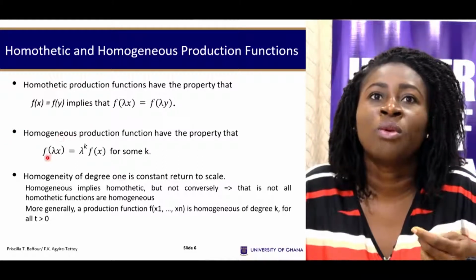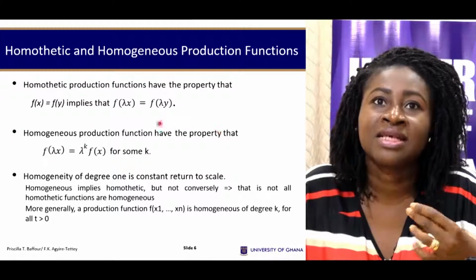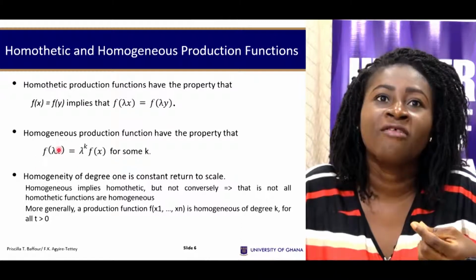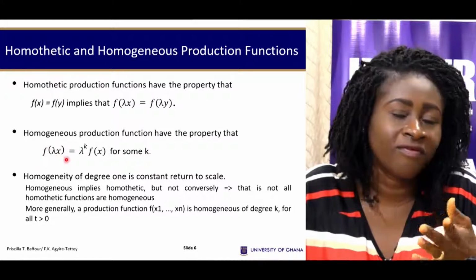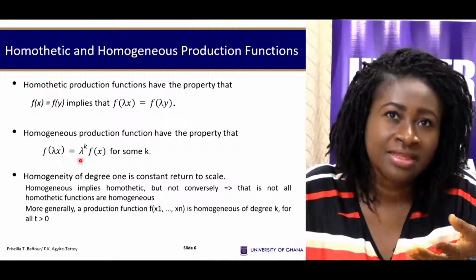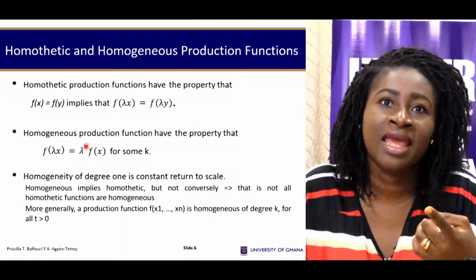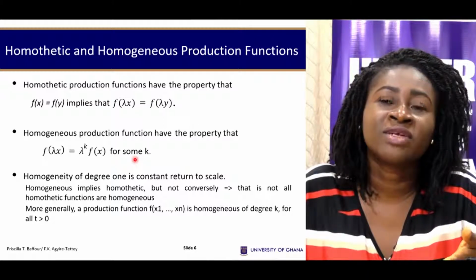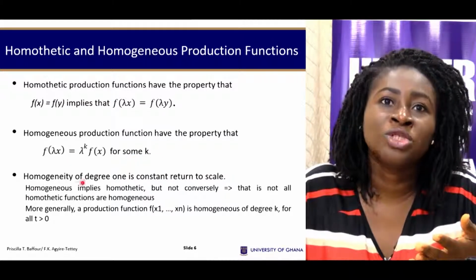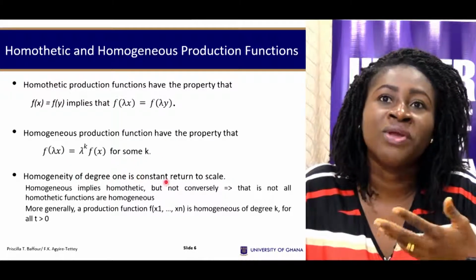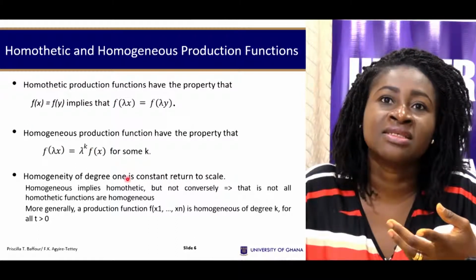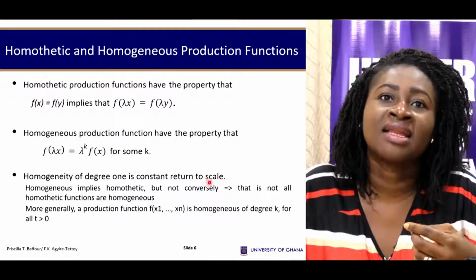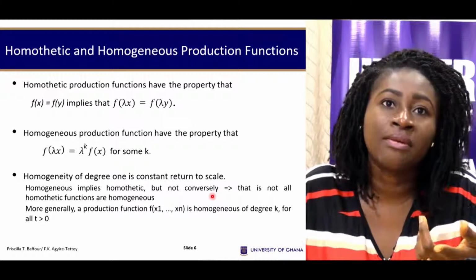And then a homogeneous production function has a property where f of lambda x is equal to lambda to the k times f of x, right? So if a production function is homogeneous of degree 1, it means that k is equal to 1, meaning that there is constant returns to scale, right?